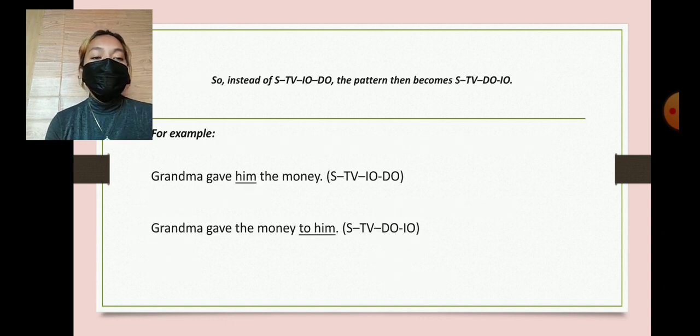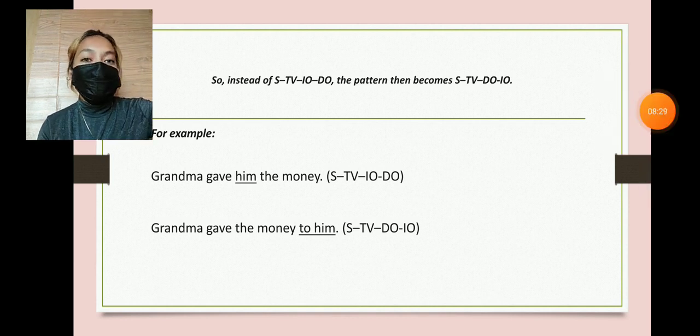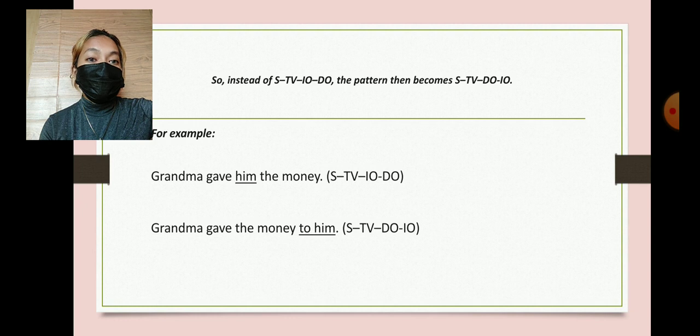In some instances, the direct object comes before the indirect object. So instead of STV, IO, DO, the pattern then becomes STV, DO, IO. For example: grandma gave him the money.